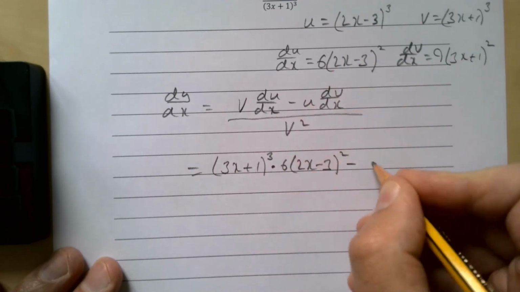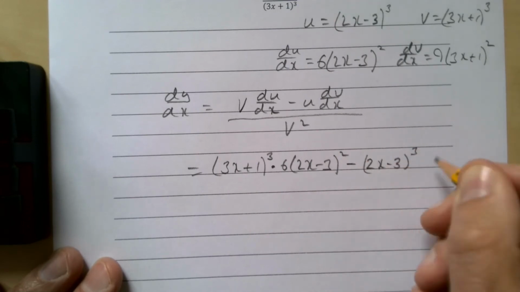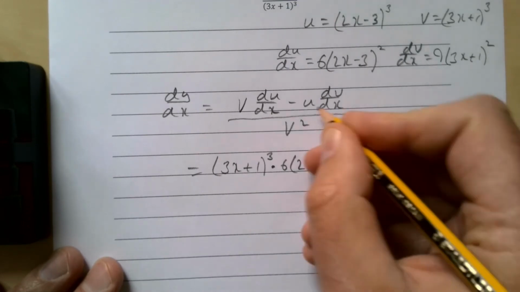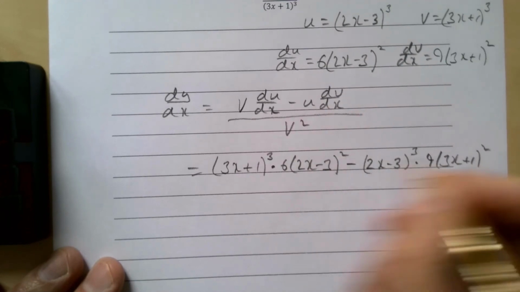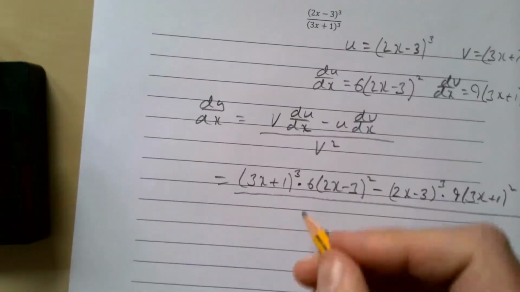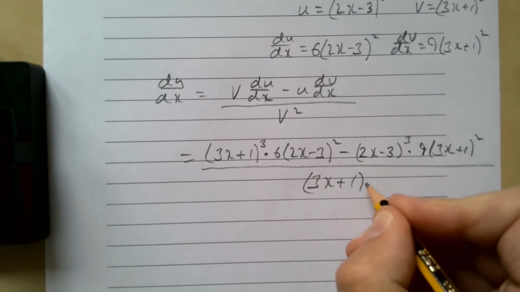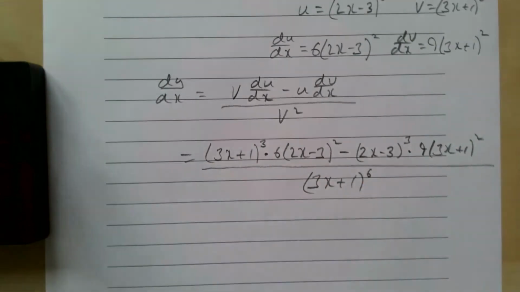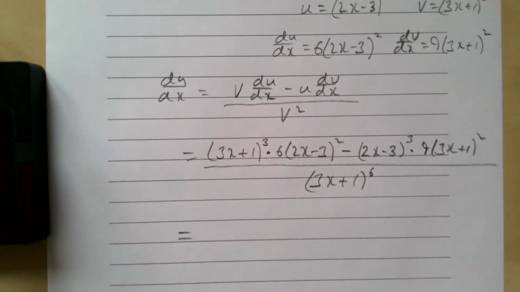Take away u, 2x minus 3 cubed. dv by dx, 9 upon 3x plus 1 all squared. That is all going to be over v squared, so that's going to be then 3x plus 1 all to the power of 6 because it was already cubed. I hope that makes a little bit of sense for you. We could cancel some stuff here, but isn't it always more fun to factorize at the start?